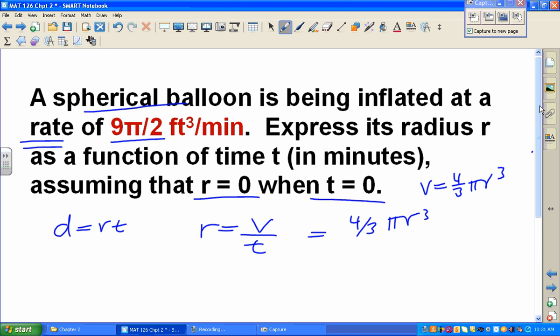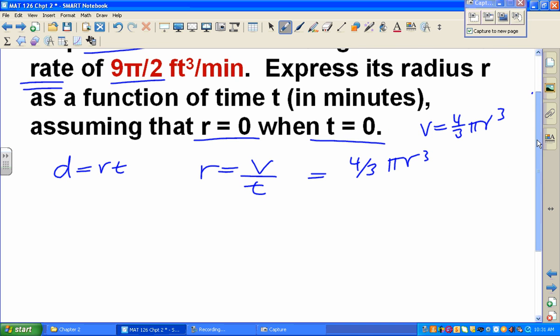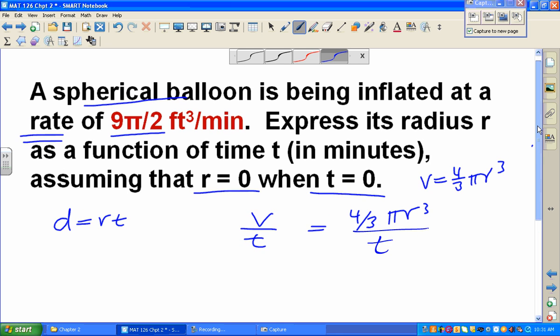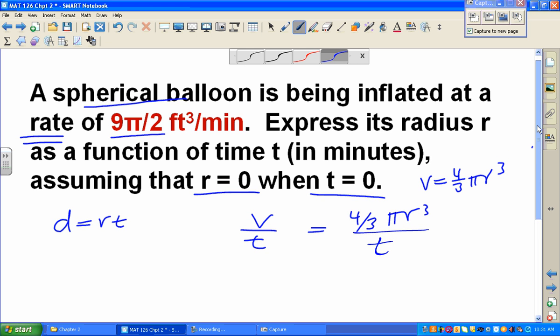Express its radius r as a function of time in minutes. All right. That'll be V over T, right? I'm not done yet. Express the radius as a function of time, assuming that r is 0 when t is 0.